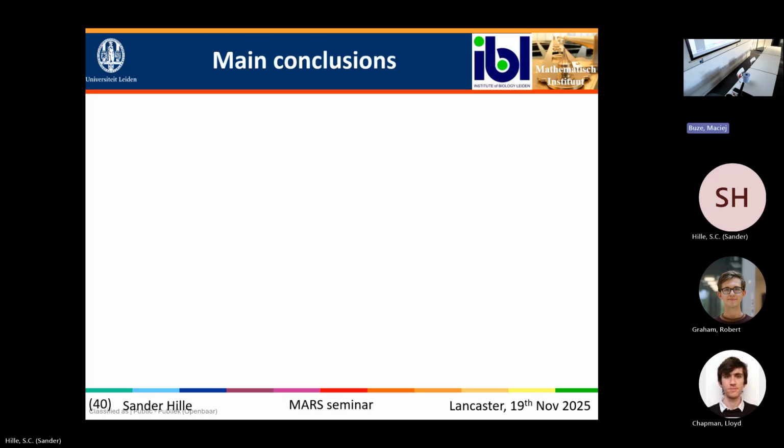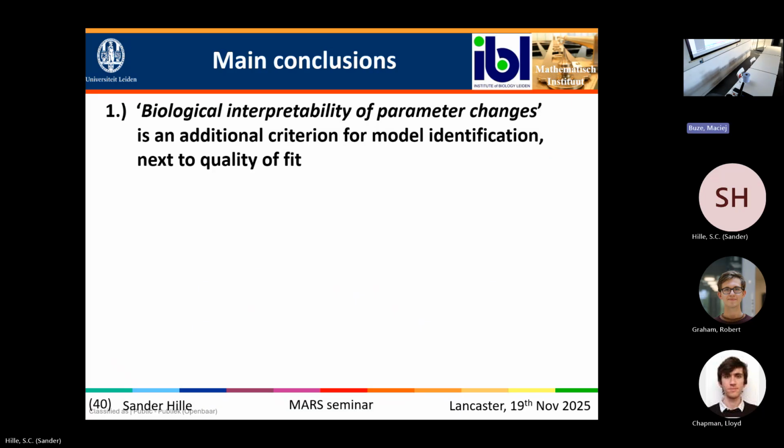So we got to some main conclusions over the whole picture that we did. One striking thing is that we are often so focused on a good fit, and then things are fine. But it can also be that the fit is fine, but the biological interpretability is wrong or lacking, and then the fit is also not good for your model.